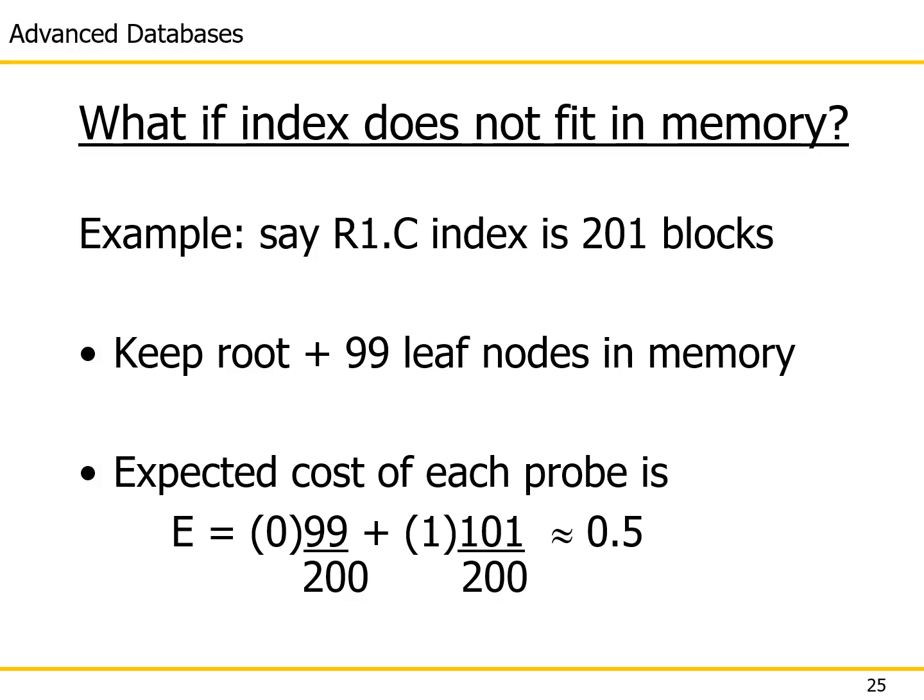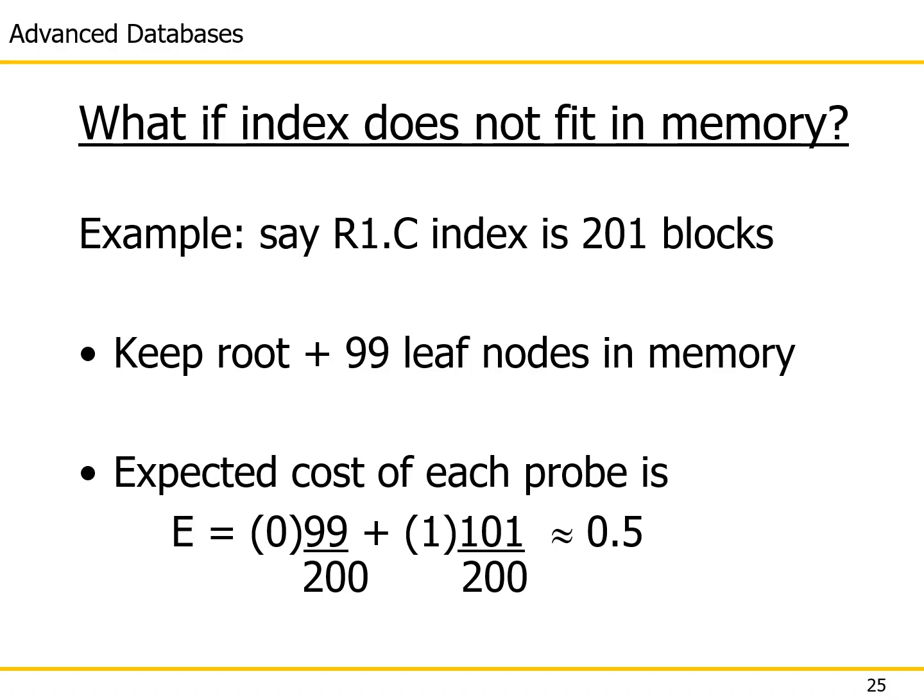Well, if the part of the B plus tree that you're working with exists in memory, there is no cost. There is zero IO. If the part of the B plus tree you're working with exists on disk, you have to load it. So this turns out to be a probability problem. What's the chance of going to disk? We can ask about it this way.